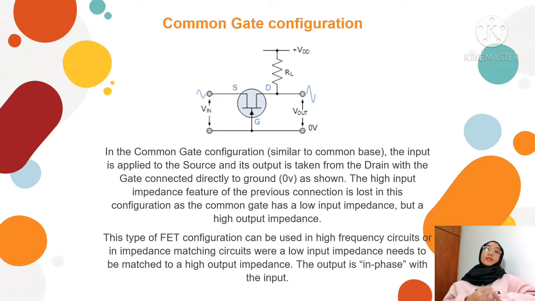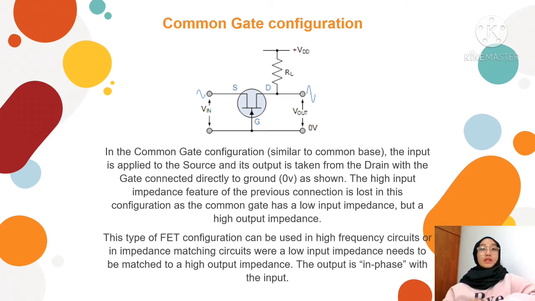And this is the common gate configuration. In common gate configuration, it is similar to the common base in BJT. The input is applied to the source and the output is taken from the drain, with the gate connected directly to the ground as shown in the picture. The high input impedance feature of the previous connection is lost in this configuration, as the common gate has a low input impedance but a high output impedance.